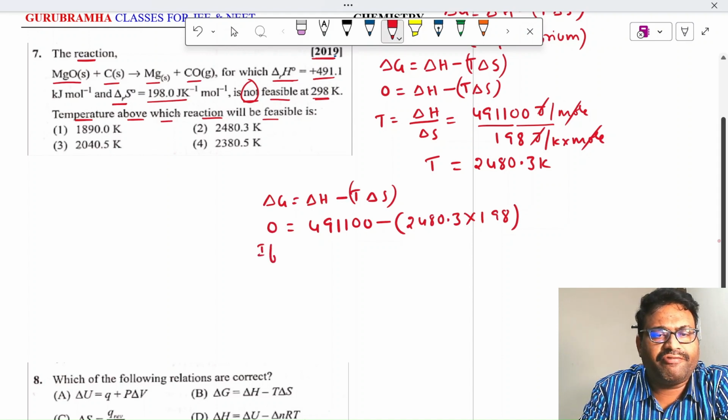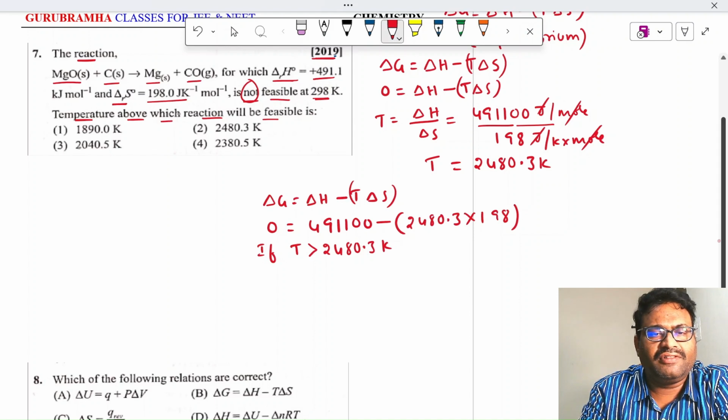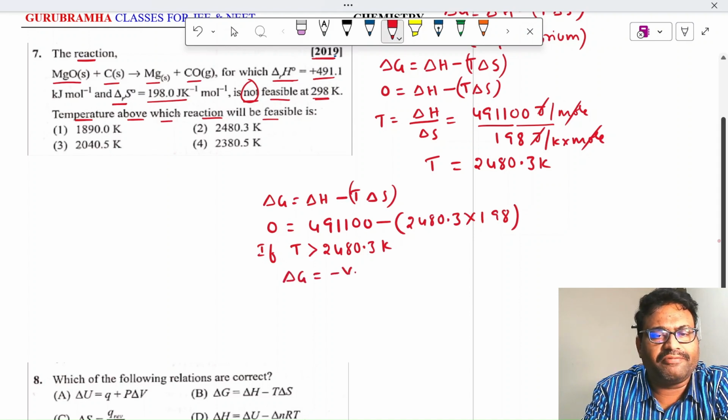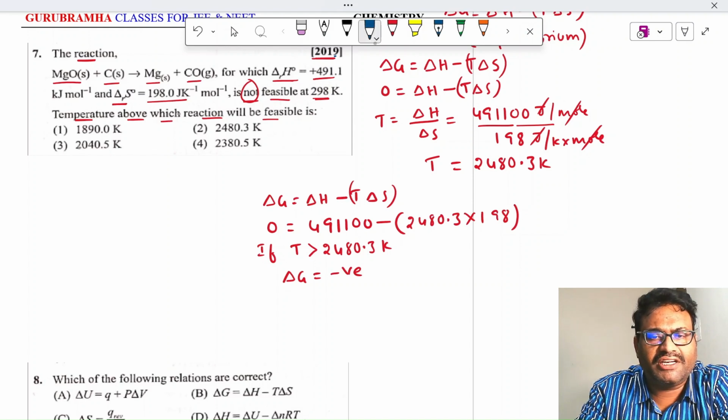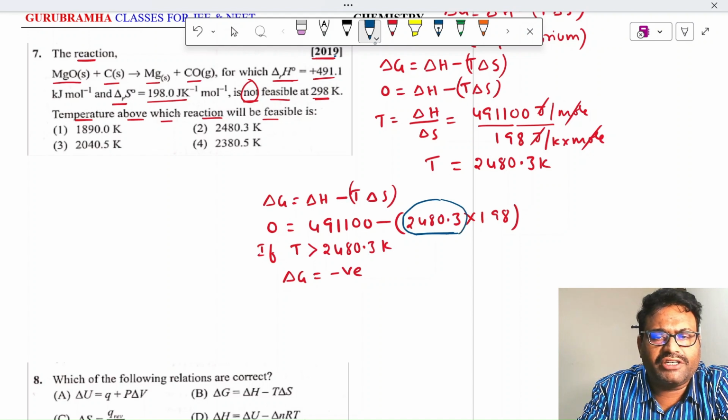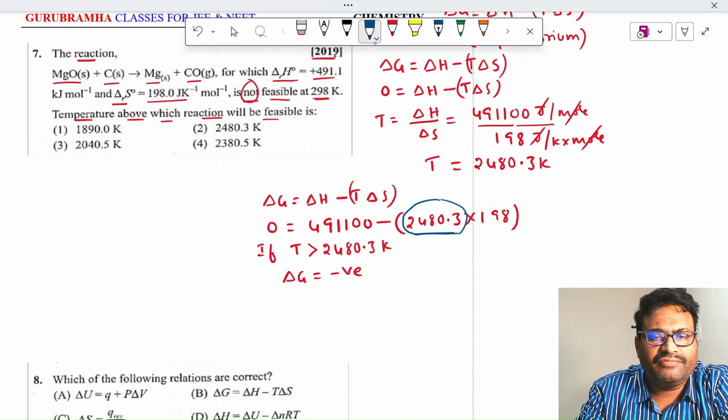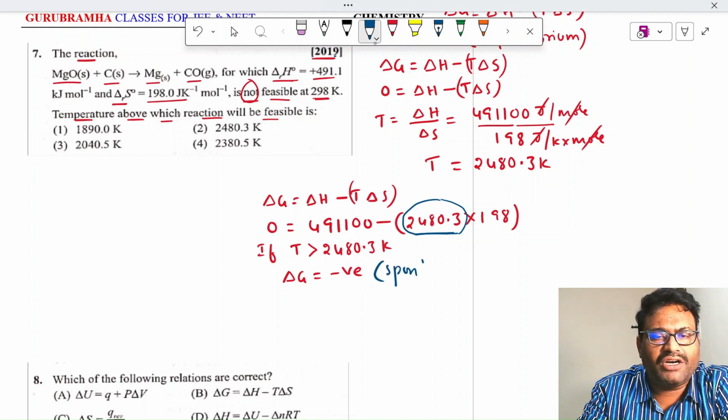If temperature is greater than 2480.3 Kelvin, then delta G will become negative, because the T delta S value will be greater. If delta G becomes negative, the reaction will be spontaneous.